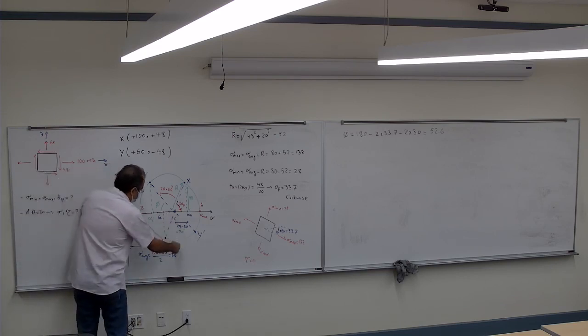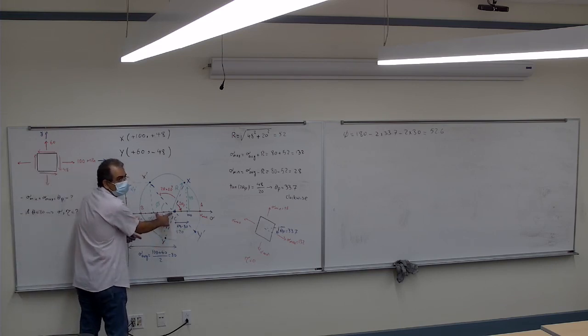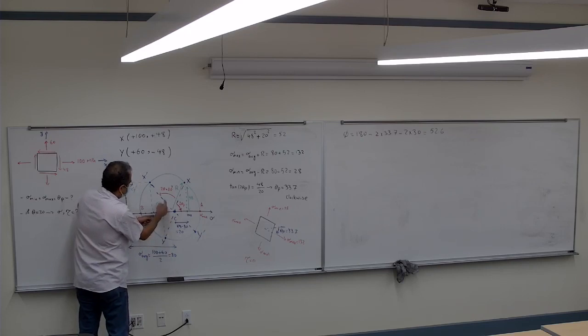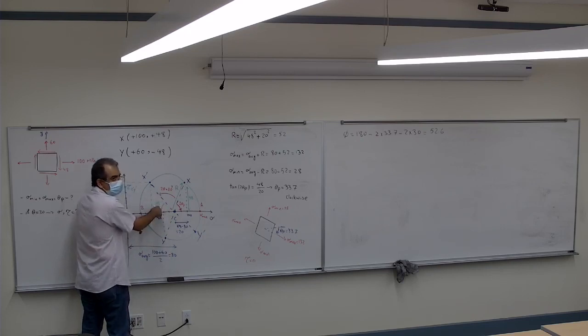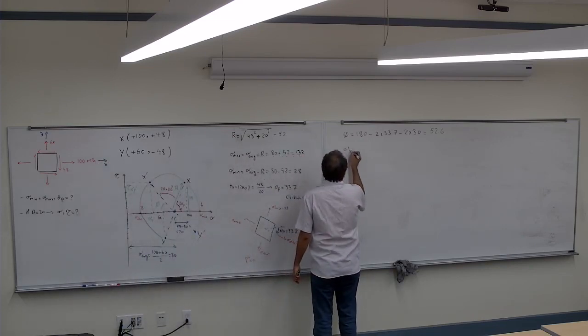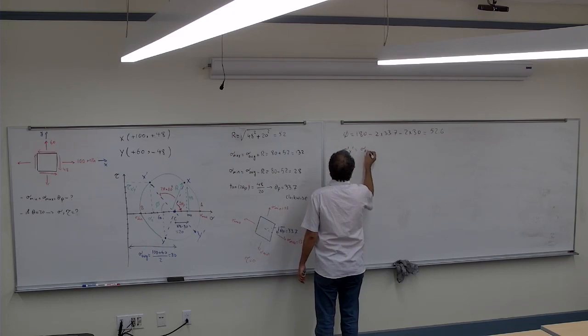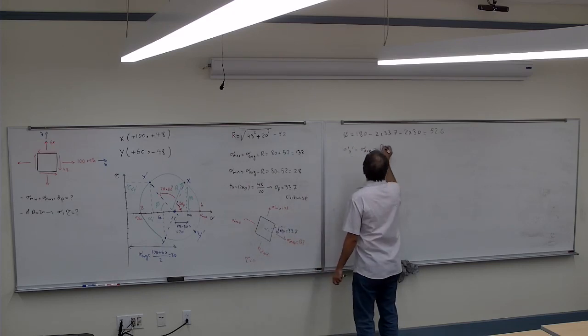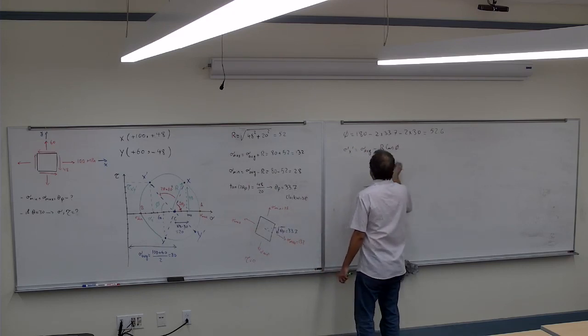If I take the sigma average minus this, so the sigma average minus R cosine phi, correct? R cosine phi is this one. So the sigma X prime is the sigma average minus R cosine phi.